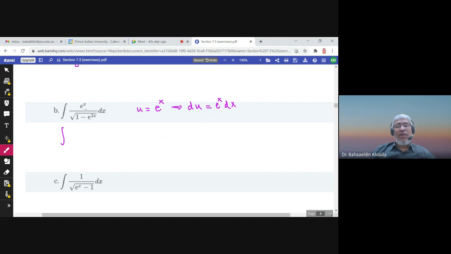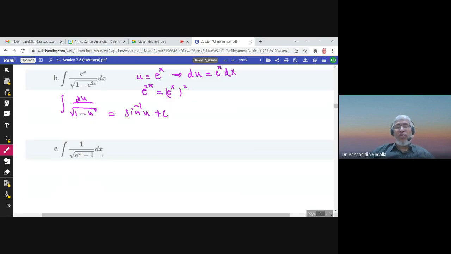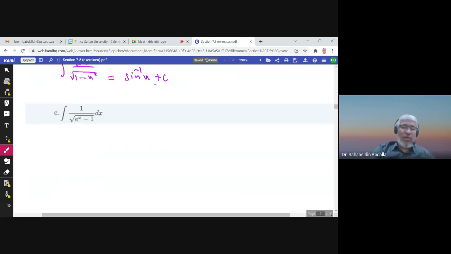So e to the x dx would be du, and here I have 1 minus e to the power 2x, which is 1 minus u squared, and the integral of 1 over the square root of 1 minus u squared is just sine inverse u plus c, and then you can replace u by e to the power x.